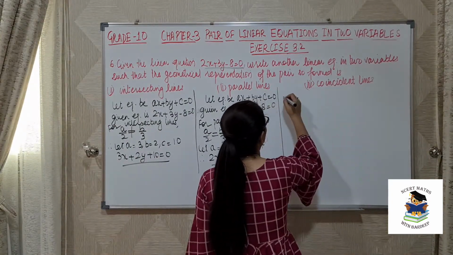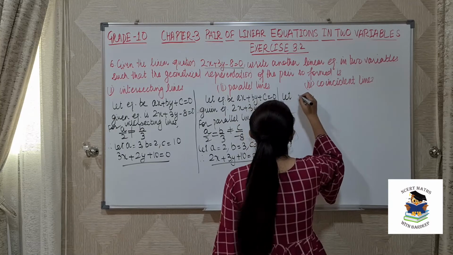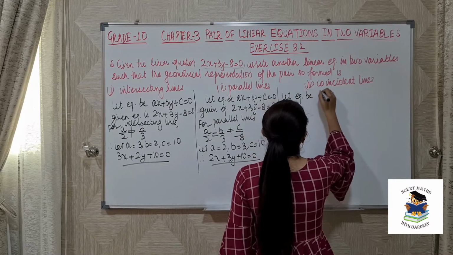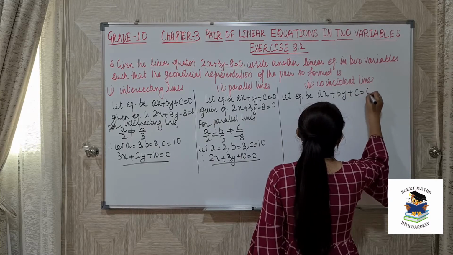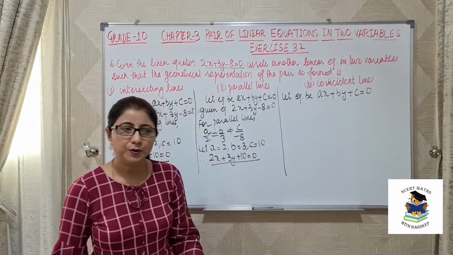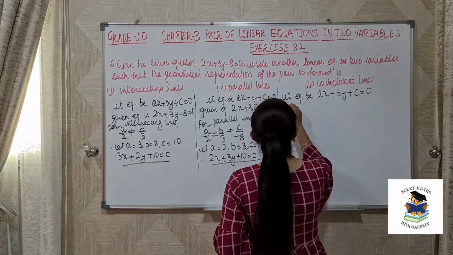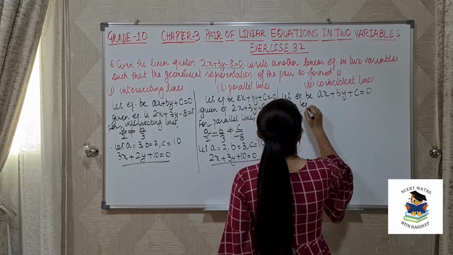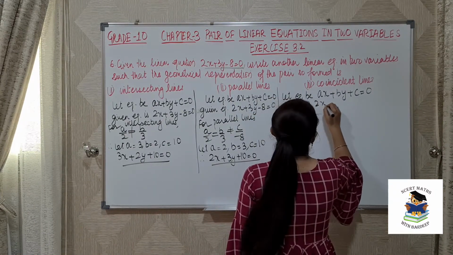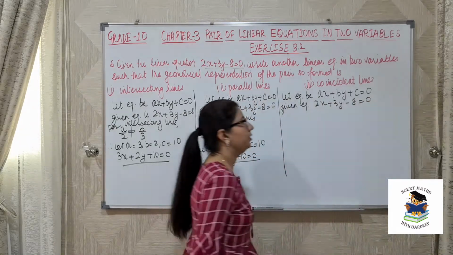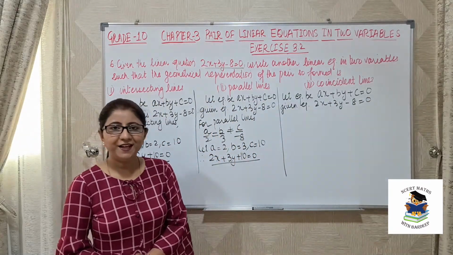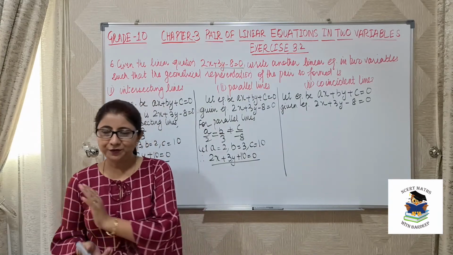Let's see the third part. Again, assume your equation. Let the equation be ax plus by plus c equals 0. And what is your given equation? This is 2x plus 3y minus 8 equals 0. And for coincident lines, that means we should have infinite solutions.